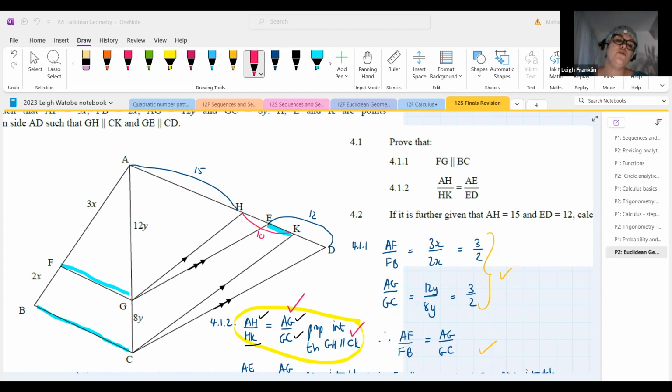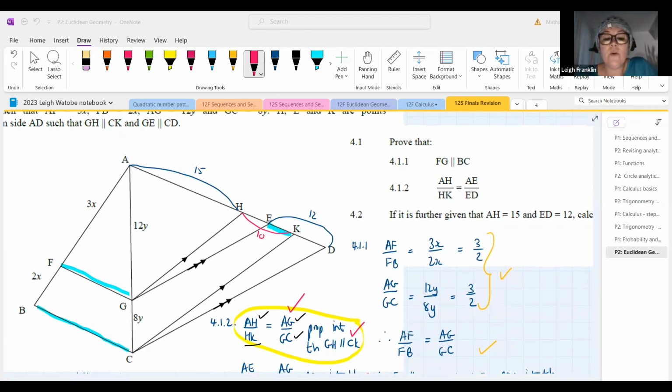Okay, and also line GH is not parallel to line CD. So we can't make a proportion there. This is the tricky part, I think. Maybe working out HK was a little bit easier.